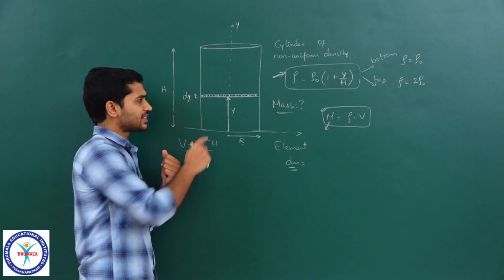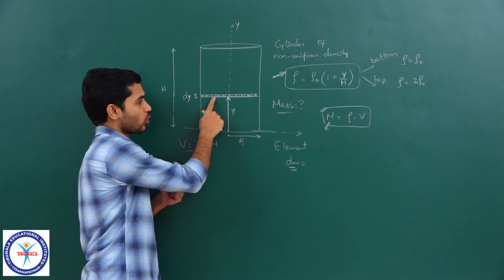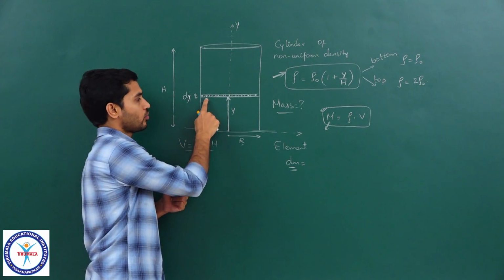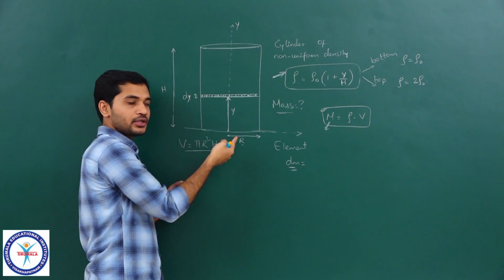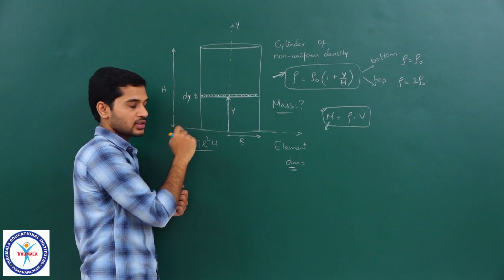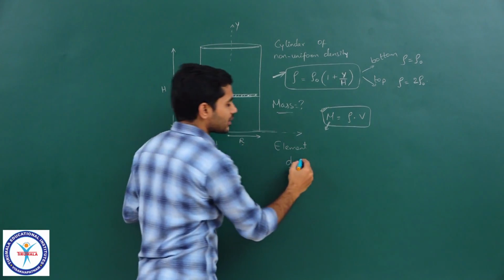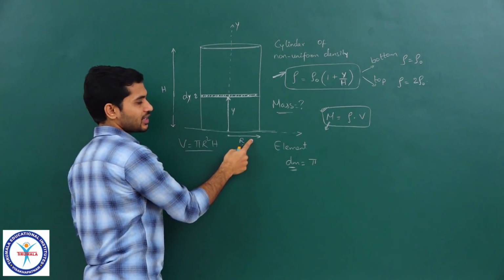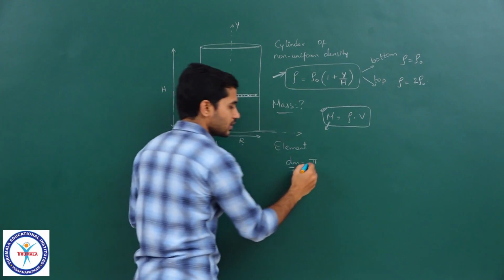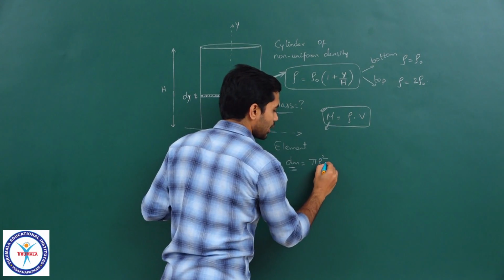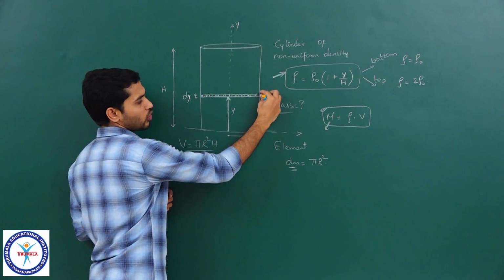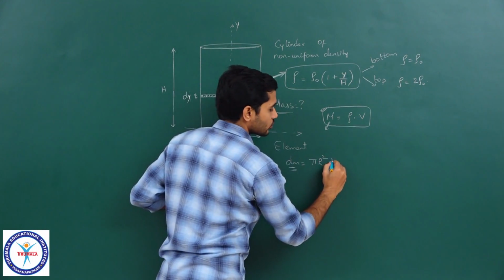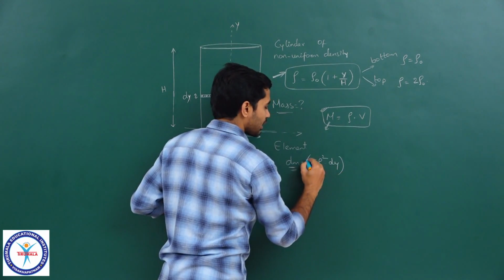So let's write the expression for the mass of this small element. What would that be? Volume of this small element into density, correct? The volume of that small element will be pi into, this cylinder has the same radius as the original cylinder, correct? So pi r square into the height of that small cylinder, which is dy, so pi r square dy.